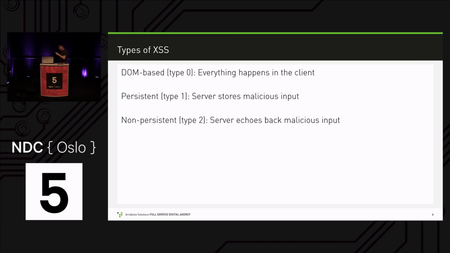However, there's an additional one. And the OWASP has created this kind of classification of cross-site scripting. And the first one was not very common until a while back, but nowadays it's getting more and more common, DOM-based cross-site scripting, where everything happens on the client. So the idea is you have a single-page application. The single-page application reads something from the URL, maybe a URL fragment, uses that information and puts it on the page.